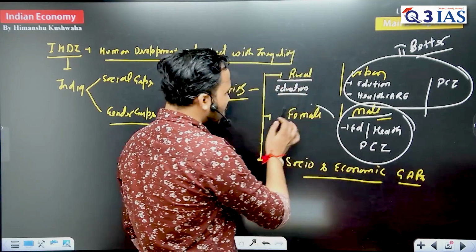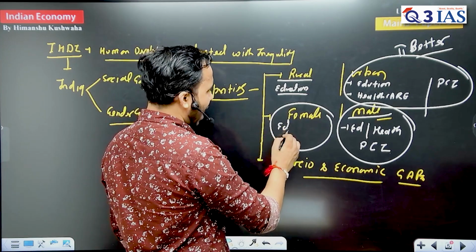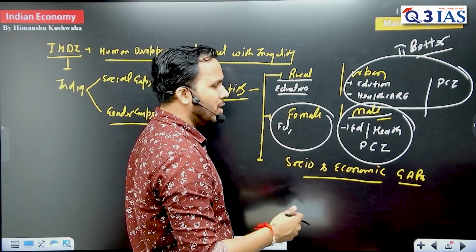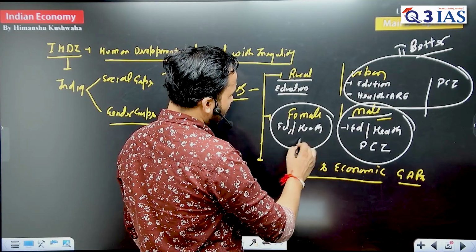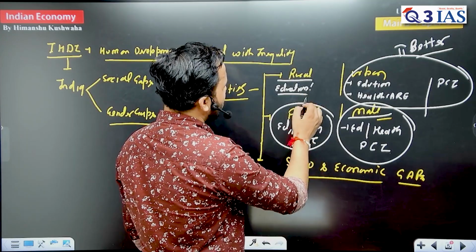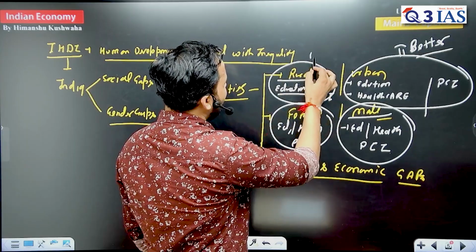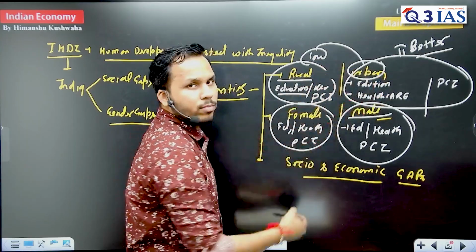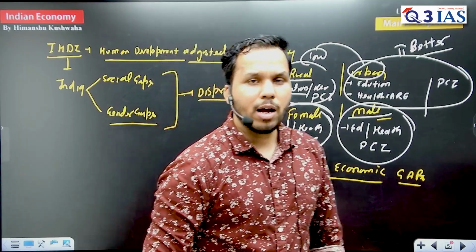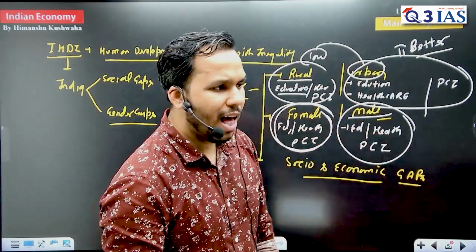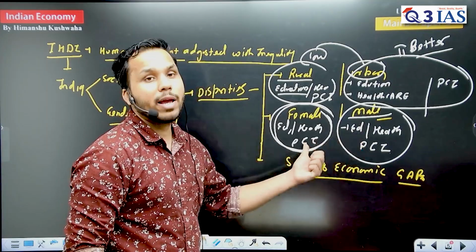On the other hand, if we talk about females, they have education, health, and per capita income, but comparatively lower than this. Females have education, but limited access compared to the male ones.